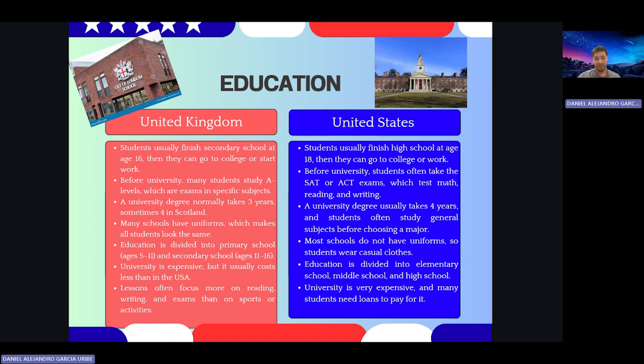University is expensive, but it usually costs less in the United Kingdom than in the USA. In the United States, university is very expensive and many students need loans to pay for it. And education is divided into elementary school, middle school, and high school, right?